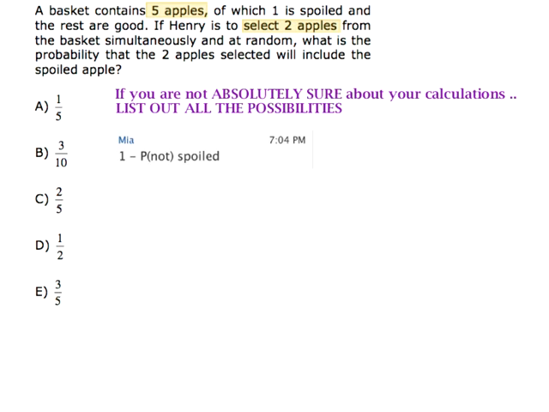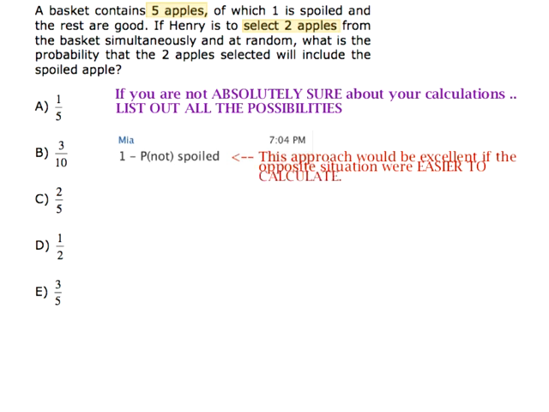So this approach would be excellent if the opposite situation were easier to calculate, then this would be great. But it's not. In this situation, the opposite situation is pretty much the same type of thing.